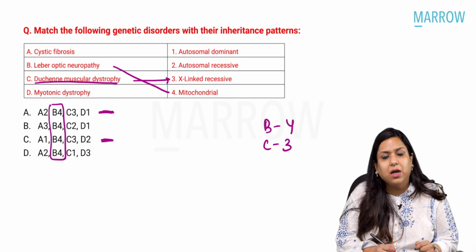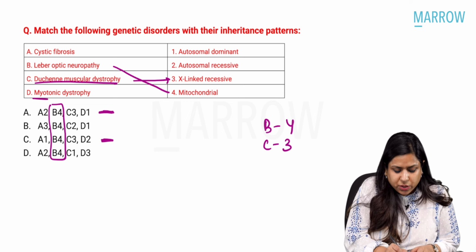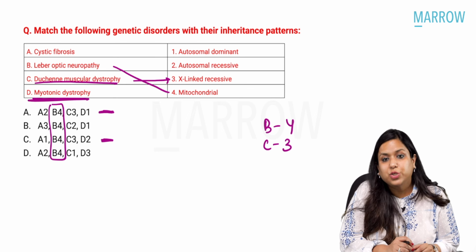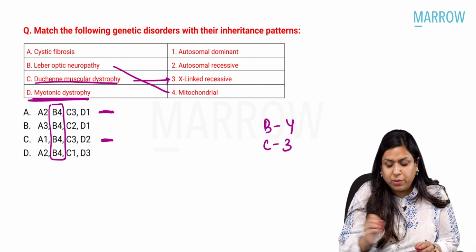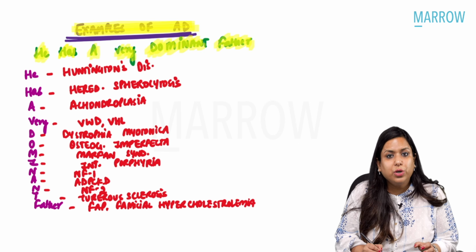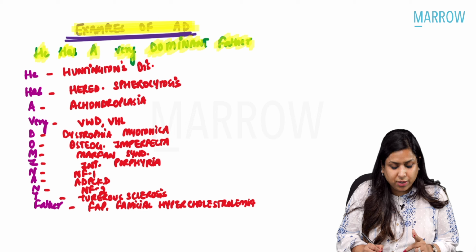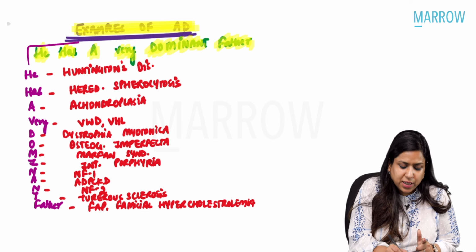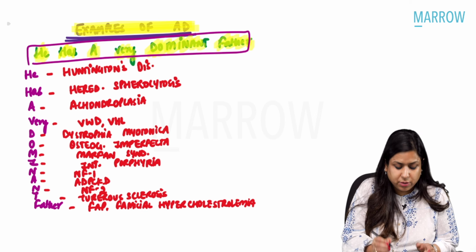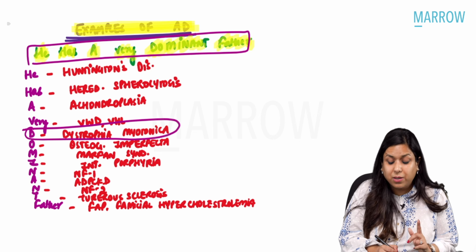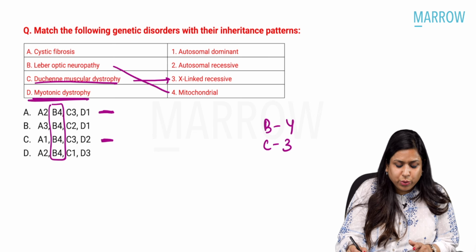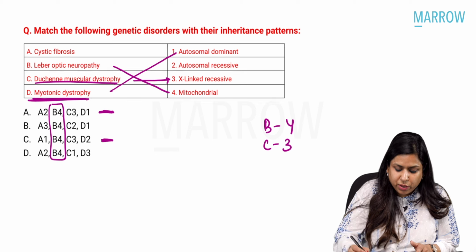Now, regarding the other option, students, one option is called myotonic dystrophy. Remember students, when we did autosomal dominant disorders, I told you the mnemonic for modes of inheritance: he has a very dominant father, and D for dystrophia myotonica. That means myotonic dystrophy is an autosomal dominant disorder.